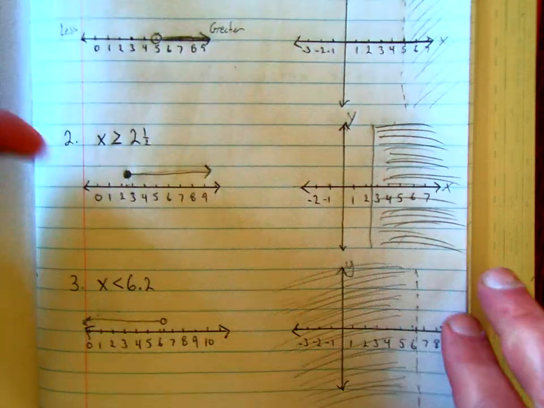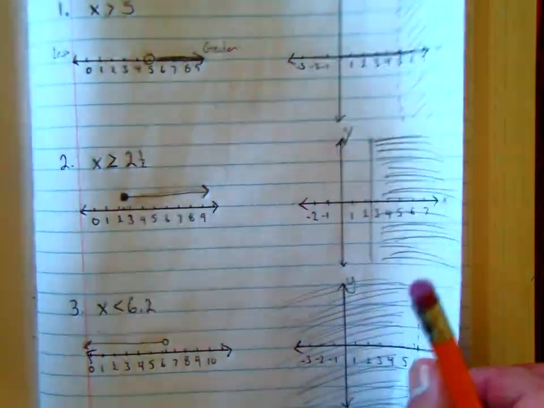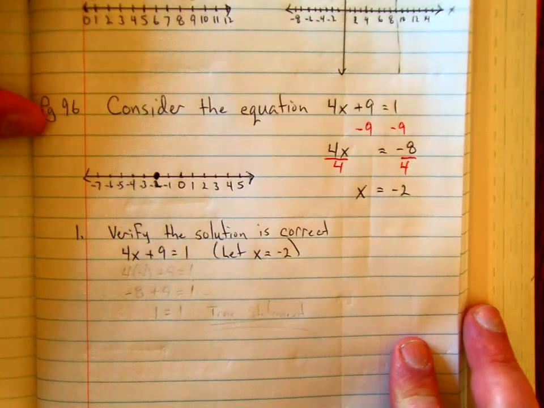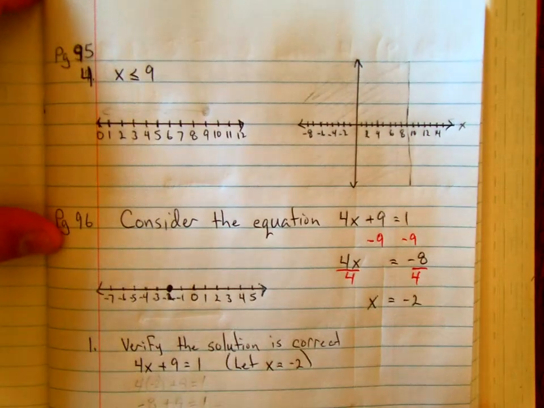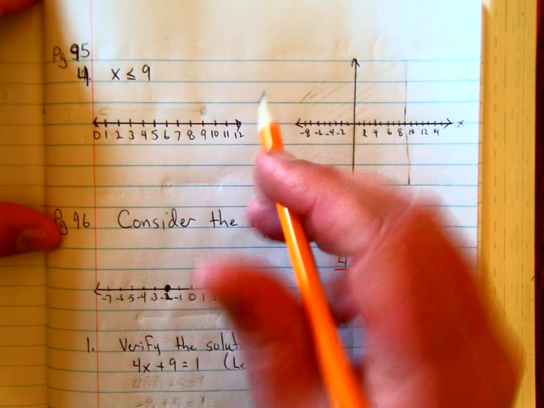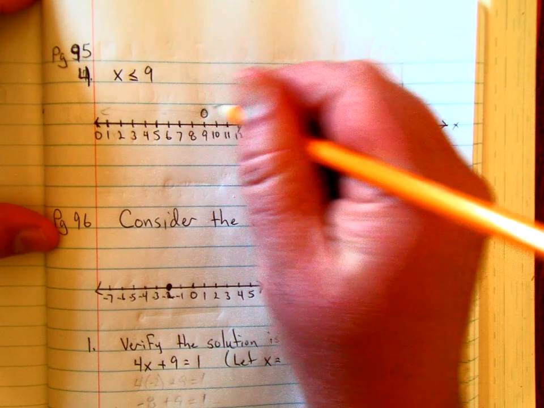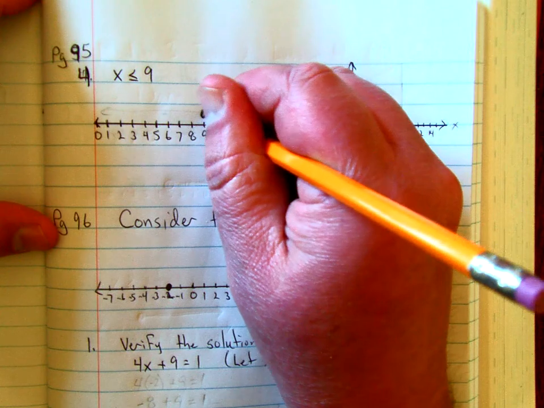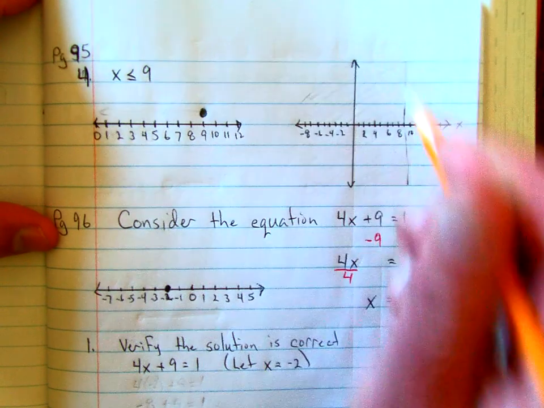So let's take a look at number 4. x less than or equal to 9. Well, my first move on my number line is to find number 9, and above it I'm going to put a circle. x can be equal to 9. It's less than or equal. Since it's or equal, solid circle.